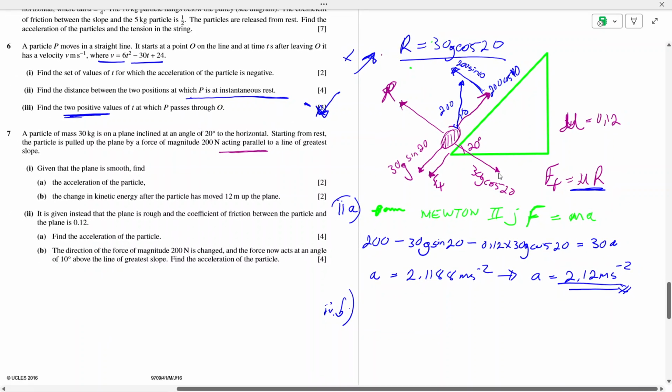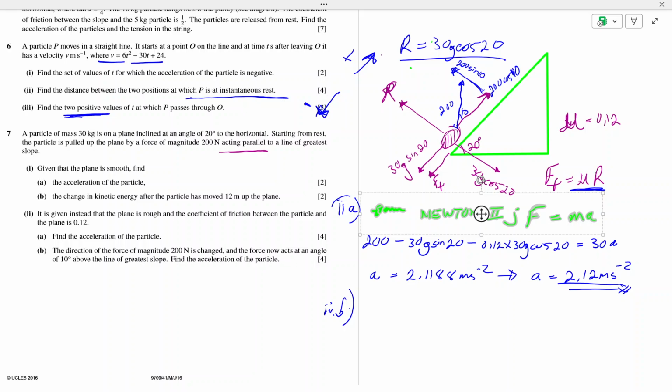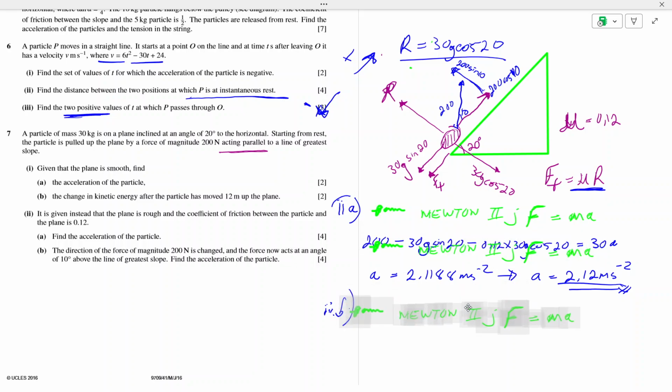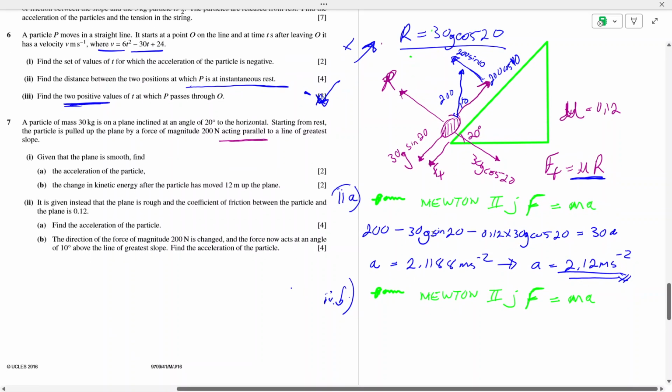We're going to employ Newton's second law again, right? So the force is acting up. Use Newton's second law to find R first.